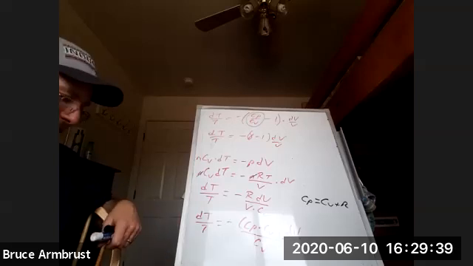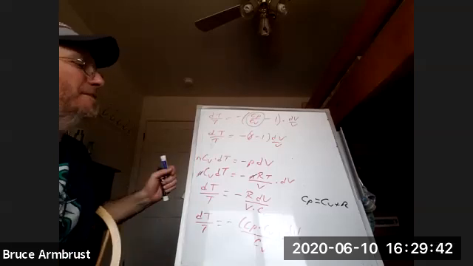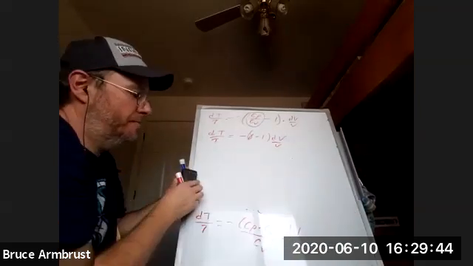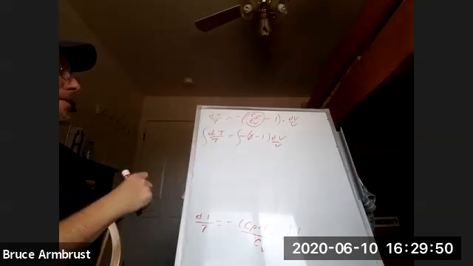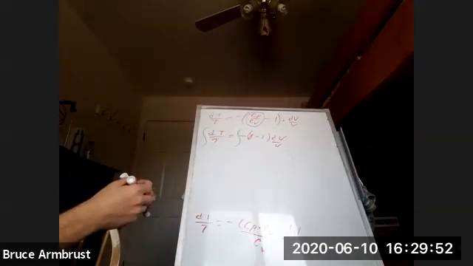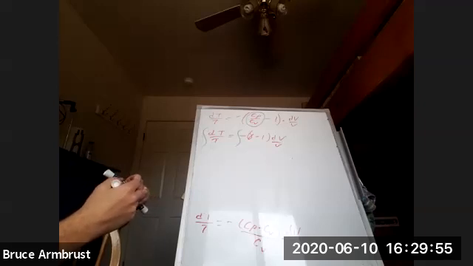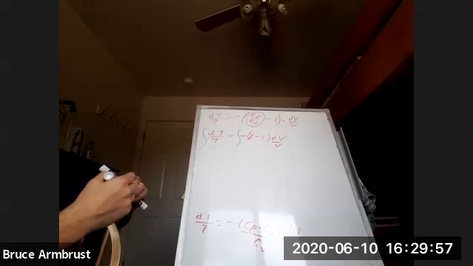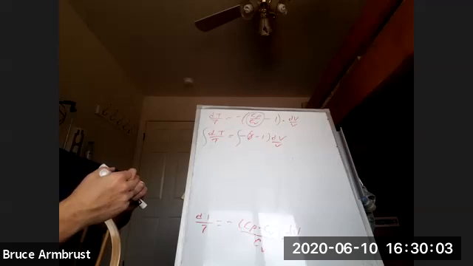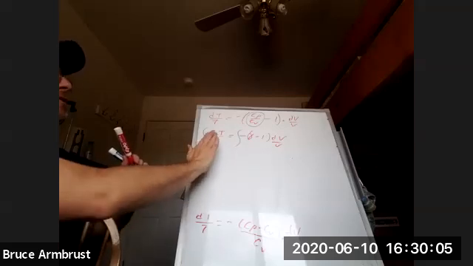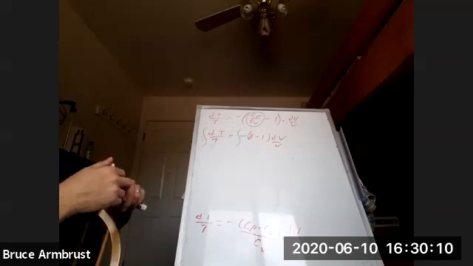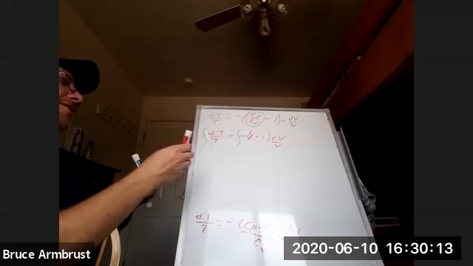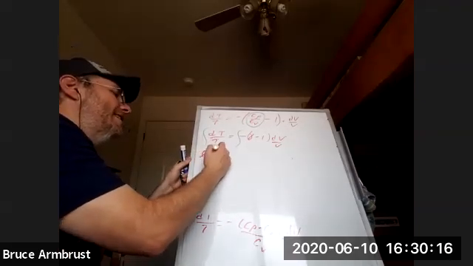Now I want to integrate, because this is going to be a little bit easier to integrate. So let's take an integral of both sides. What do you get when you integrate dT over T? It's not just T, Victor. That's what we get if it was just dT. Like, what's the integral of 1 over x? There you go, natural log. So this is going to be the natural log of T.